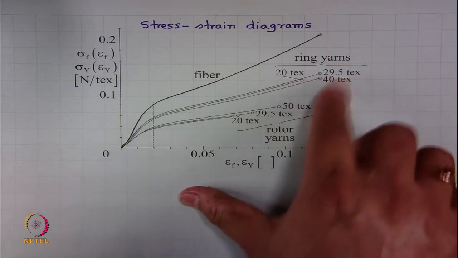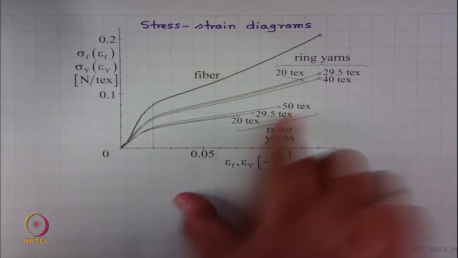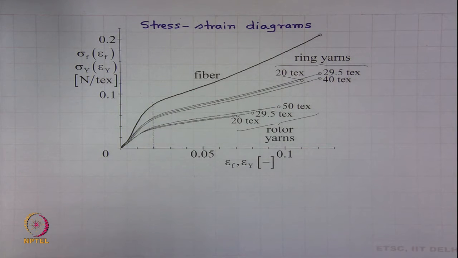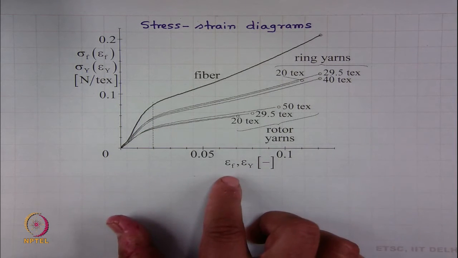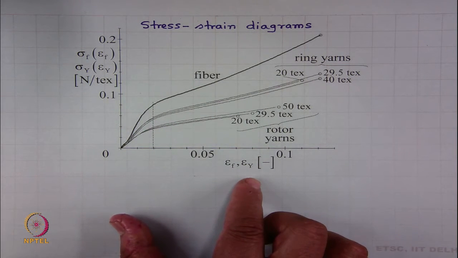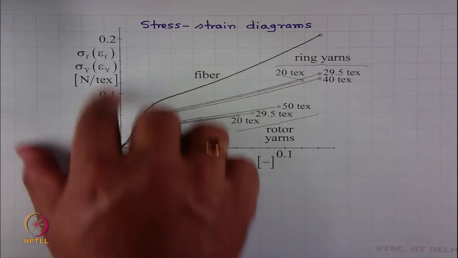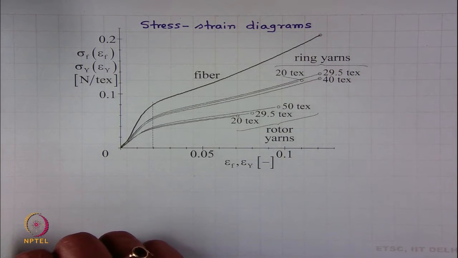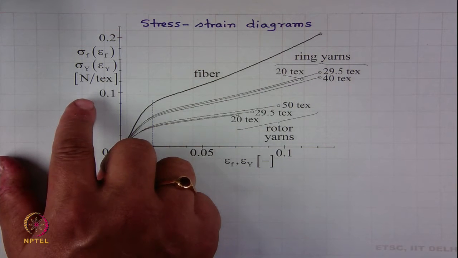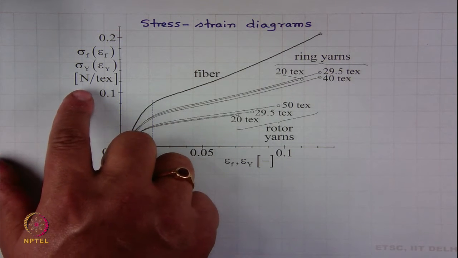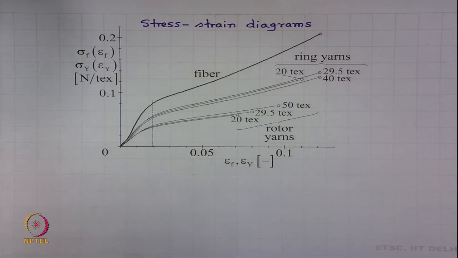For 3 different counts, here also you see the curves. Along the x axis fiber strain as well as yarn strain are plotted. Along the y axis fiber stress as well as yarn stress in unit Newton per tex are plotted.